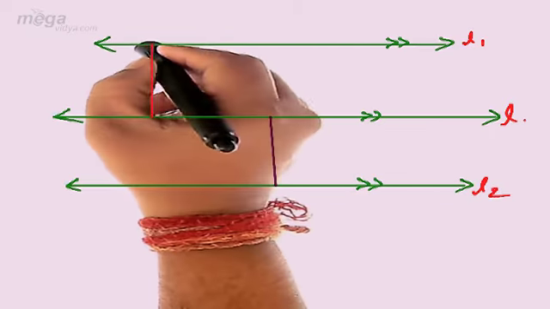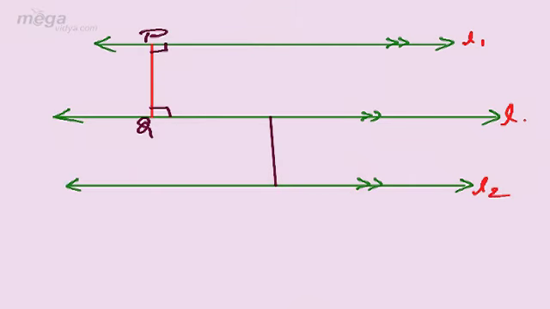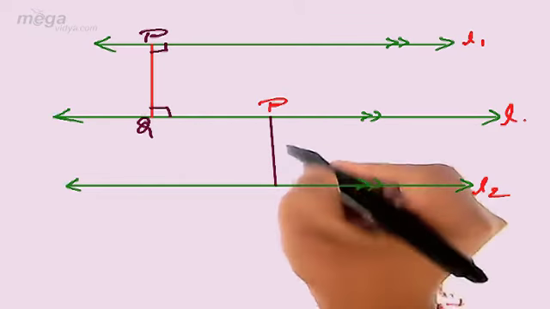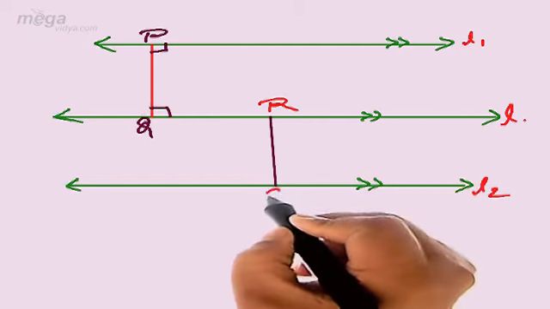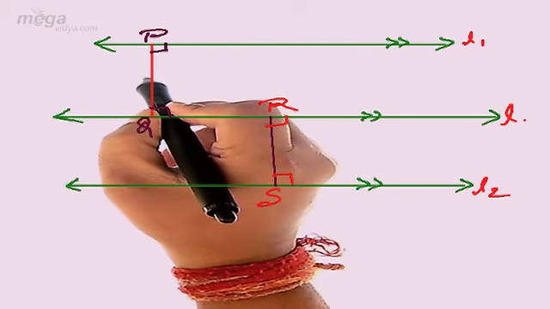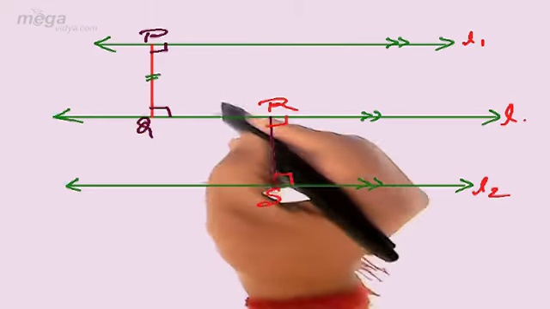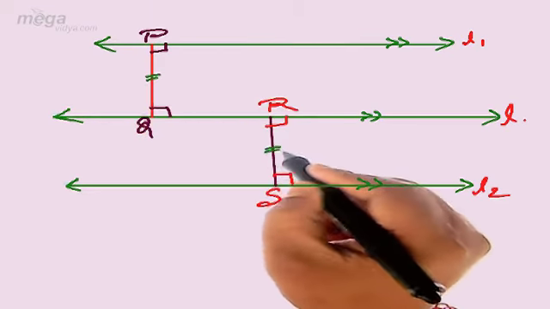So if you take the distance between L1 and L as PQ and the distance between L and L2 as RS, these two distances are equal. PQ is equal to RS. Given this condition, you have to calculate the equation of the straight line L.